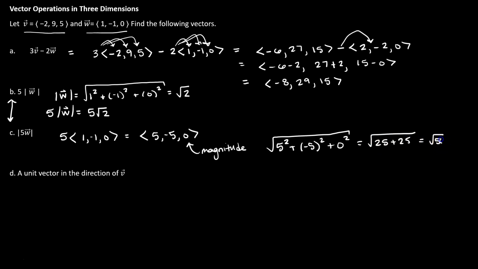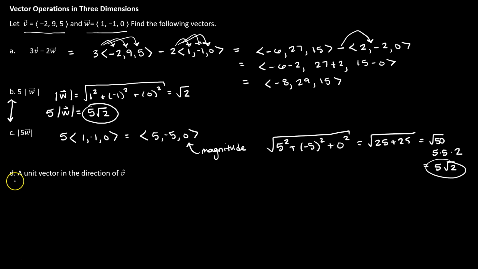And if we can simplify this radical, then I say we should. 50 is the same thing as 5 times 5 times 2, or 25 times 2. So we can simplify root 50 to be 5 root 2. And if we pay attention to the last problem we just did, we get the same answer. So this is kind of nice. Even though we did these in different orders, we're still getting the same result at the end.